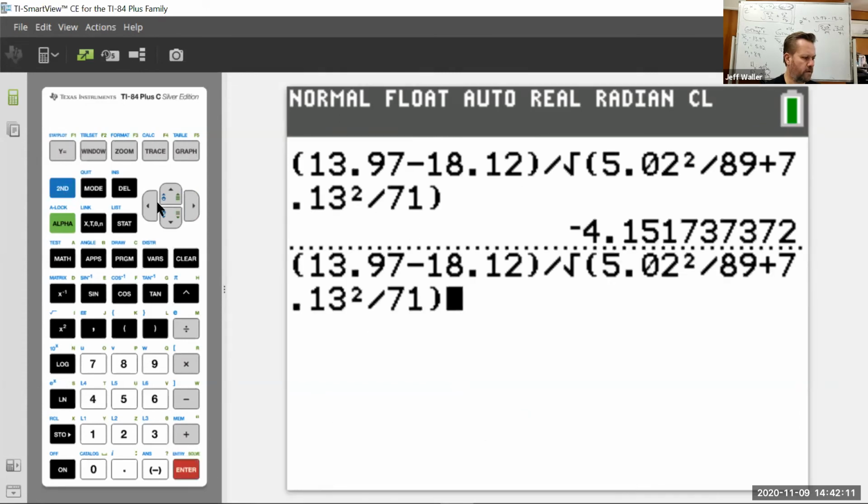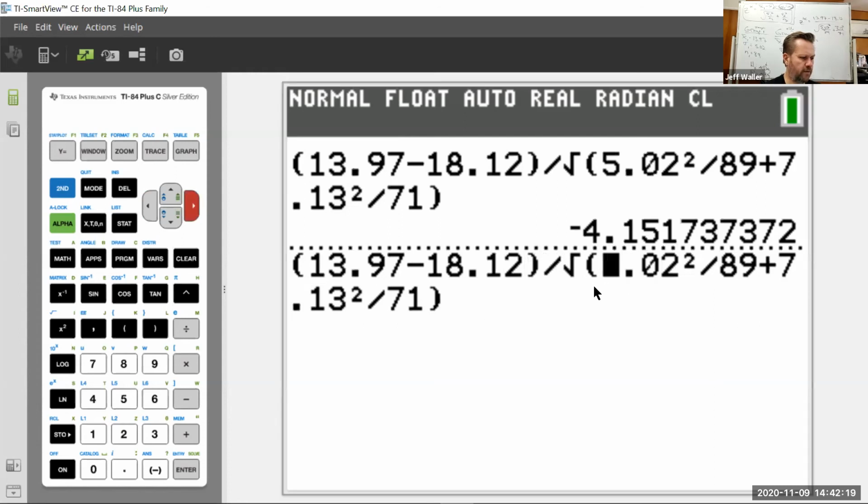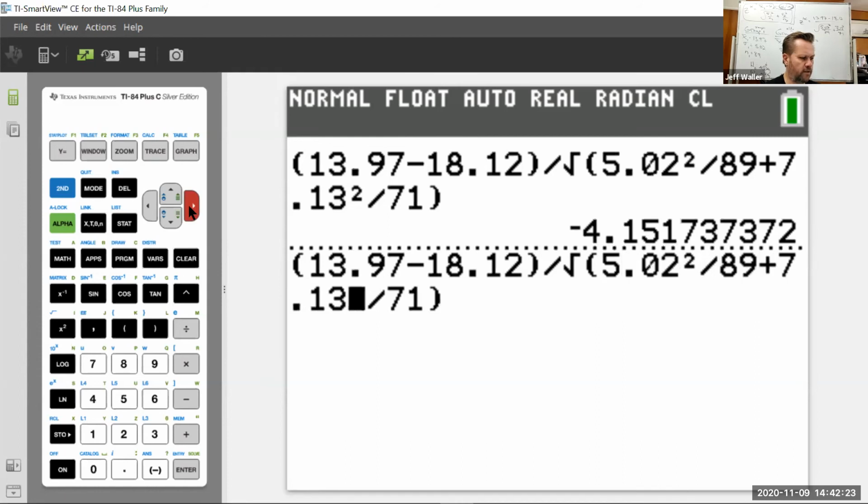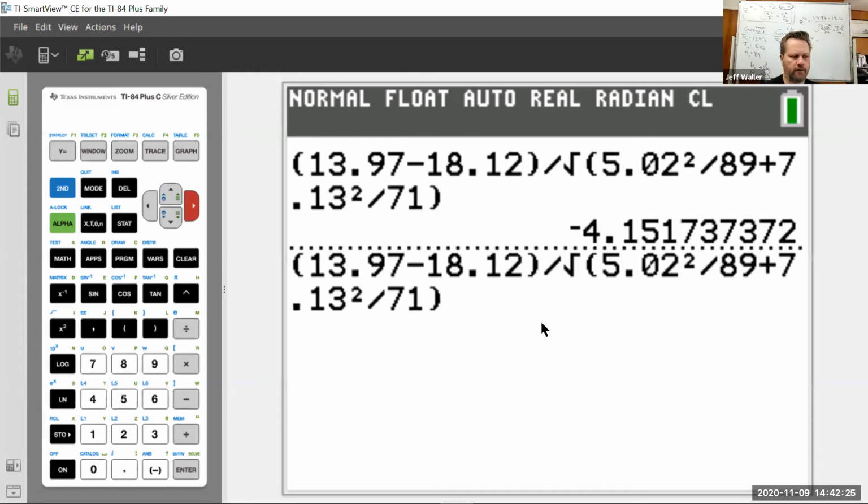You would want to make sure that the top is in parentheses, and see this parenthesis right here? I don't want that closed until I get all the information in there. If you close that parenthesis too early, you're outside of the square root. Does that make sense? That's what it looks like on an older style calculator.